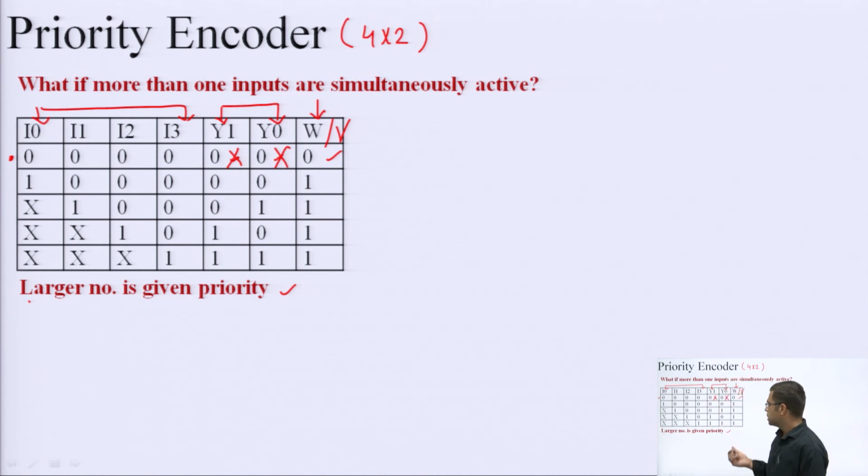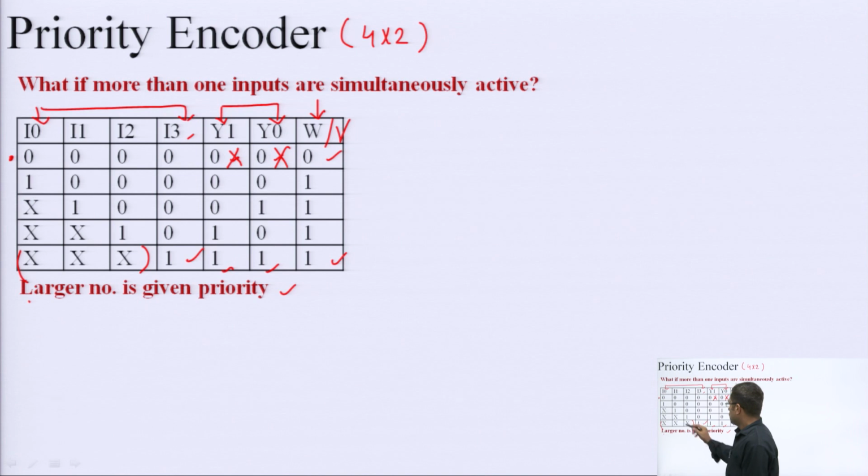So, we can see that if I3 is high, then whatever the values of these 3 are, they are considered as don't care, and the output is 1 1, because I3 means 1 1 in binary. So, the output is 1 1, and this is a valid, working state.